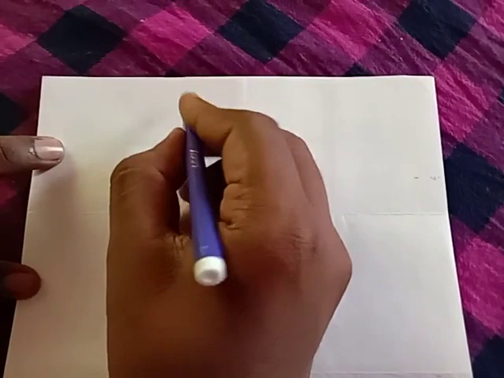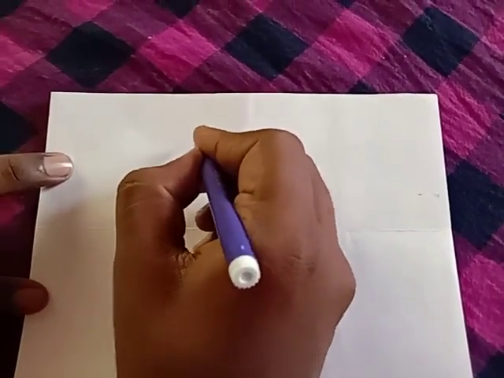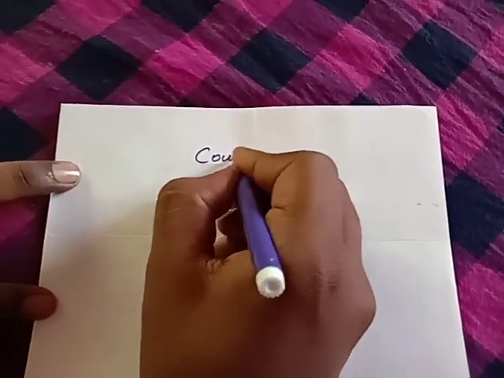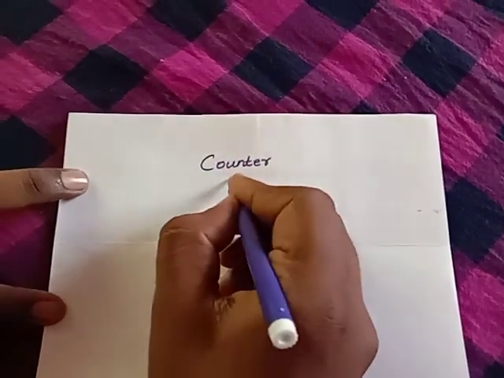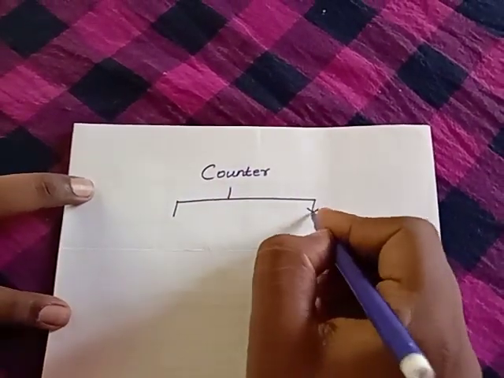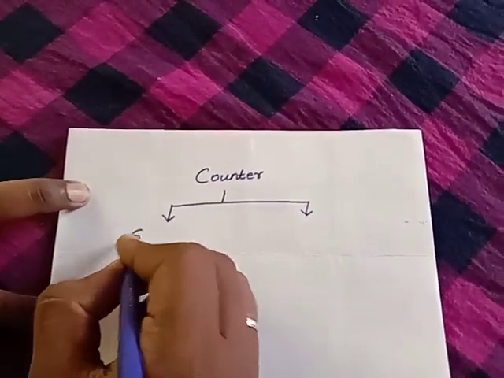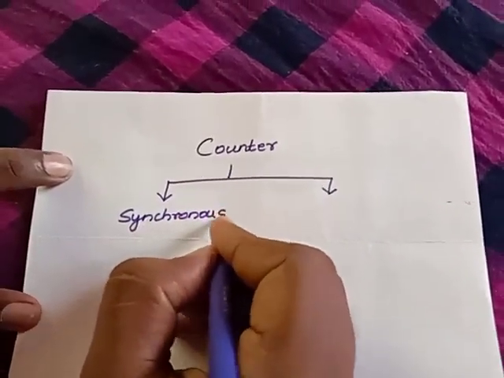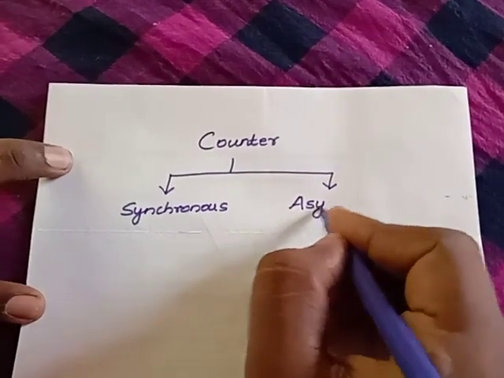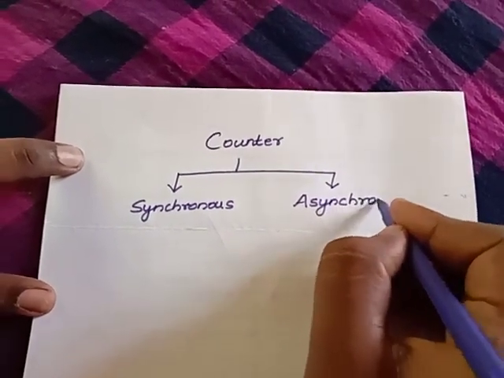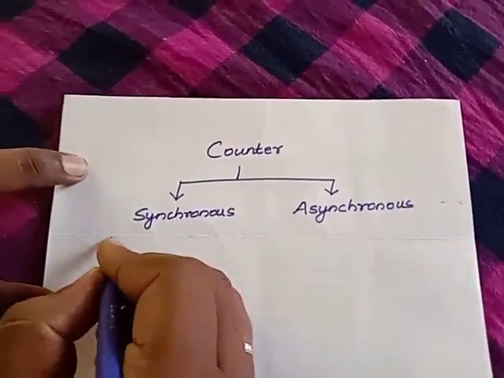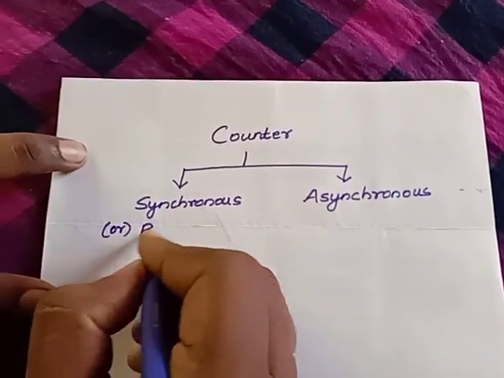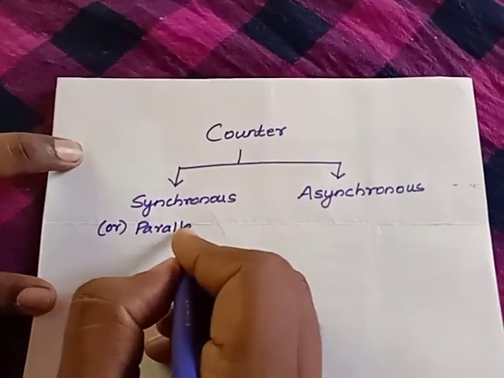Now let me consolidate the classification of counters. We started with the digital counter. I can divide this counter, based on the application of clock pulses, as either a synchronous counter or an asynchronous counter. I can also call the synchronous counter a parallel counter.